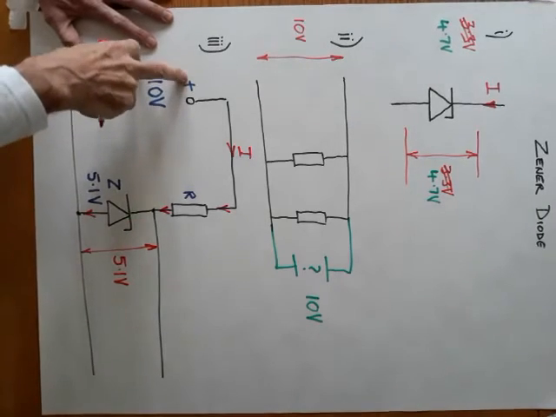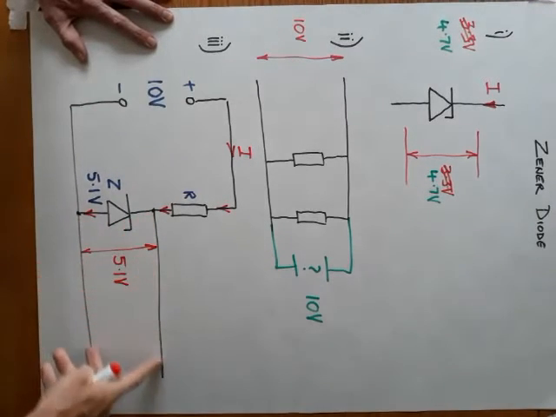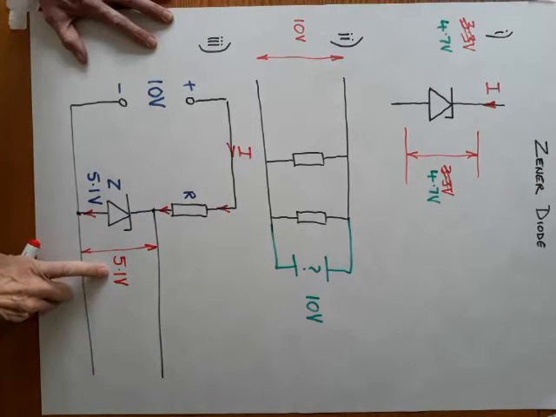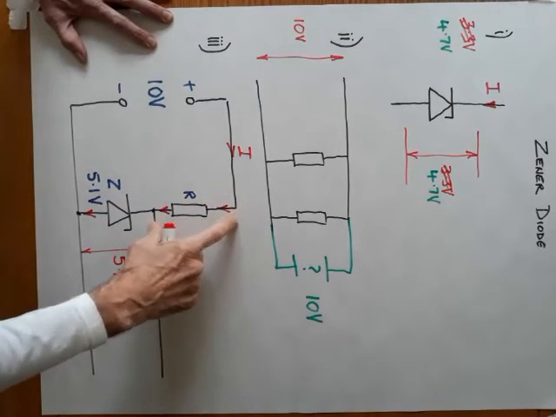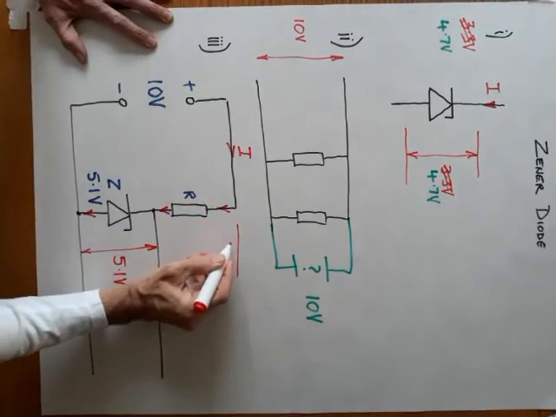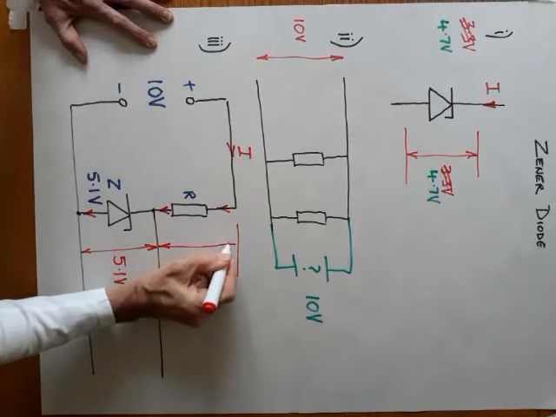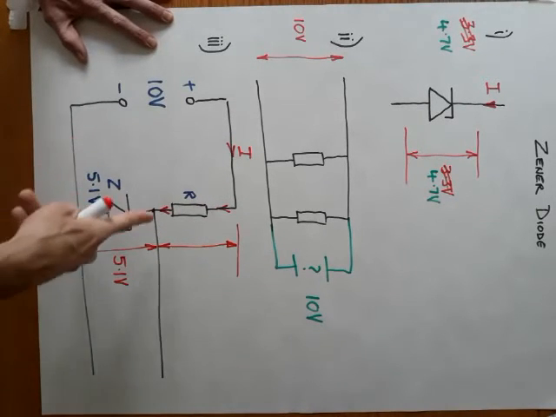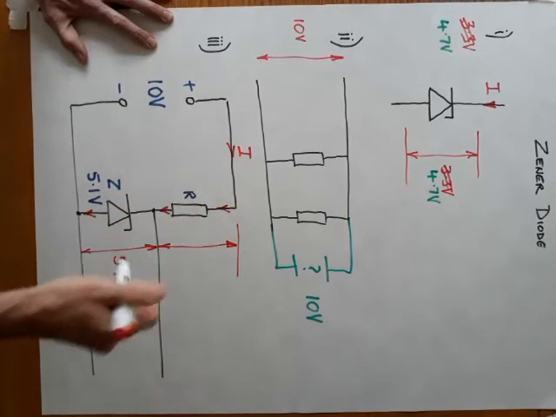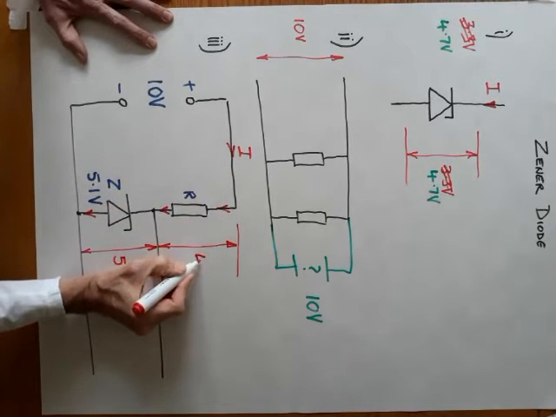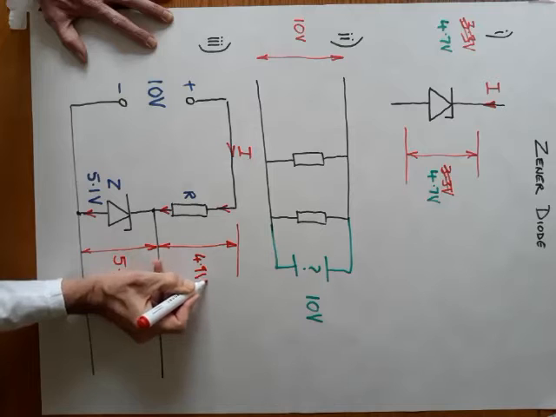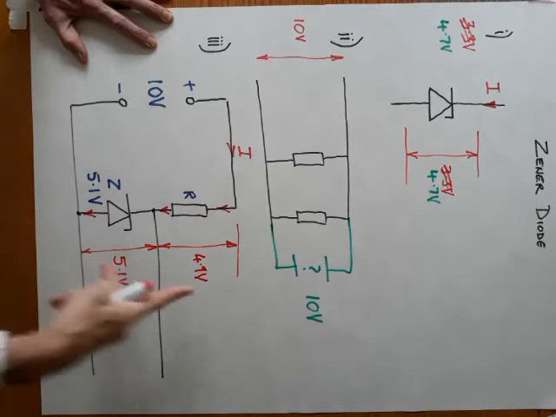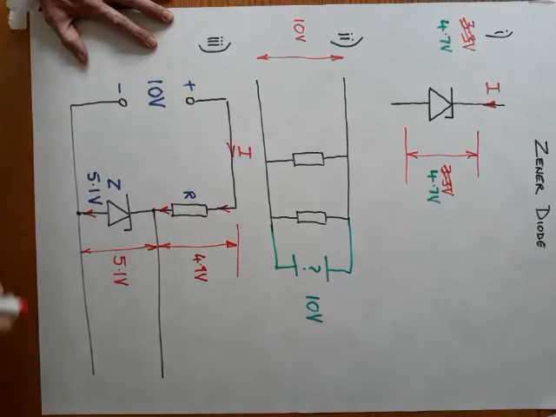So we have a 10 volt supply, but I'm taking out here a 5 volt supply. I know it's 5.1, and the balance of our supply will be measurable across this resistor. So just Kirchhoff's laws, that voltage in series with that voltage, this is going to be 4.9 volts. Okay, so that and that add up to 10.